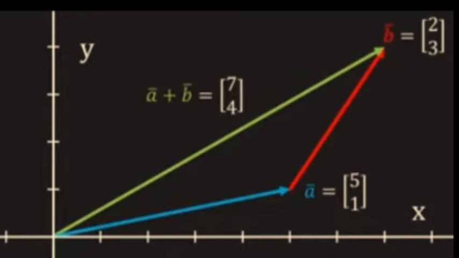That makes sense because if you count from the origin, where the tail of vector A has been initialized, that is 7 units to the right and 4 units up. So that is (7, 4). That is the graph of the sum of vector A and B.